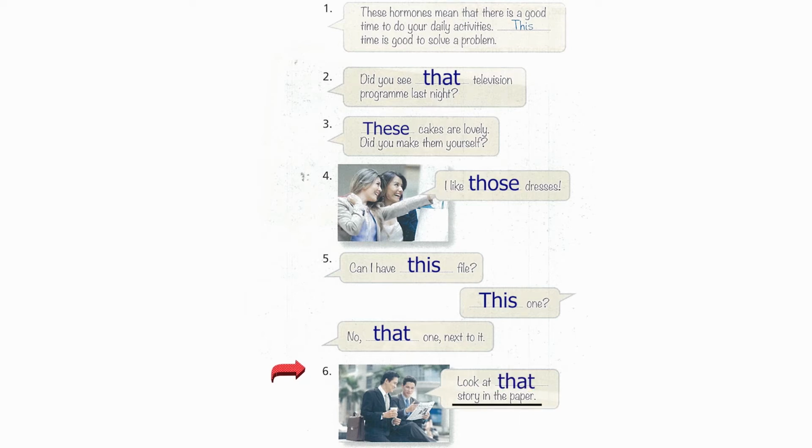Look at that story in the paper. From here we know that we use this and that for singular and these and those for plural. This for near singular, that for far singular, these for plural which is near, and those for plural which is far.